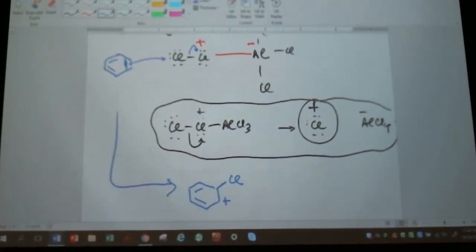This benzene, right, we're not drawing this, but this had hydrogen, hydrogen, hydrogen, hydrogen, hydrogen. So those hydrogens are still here.